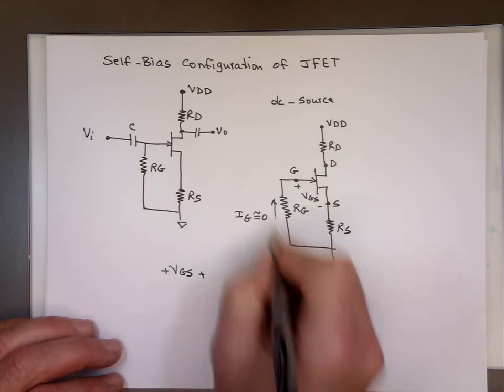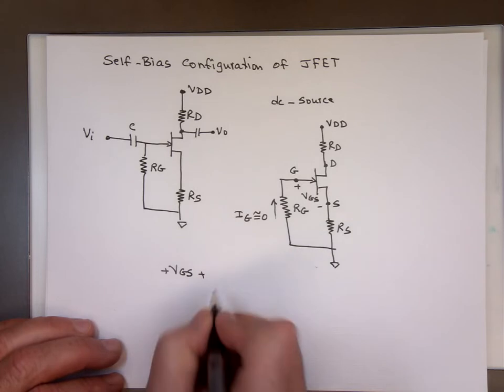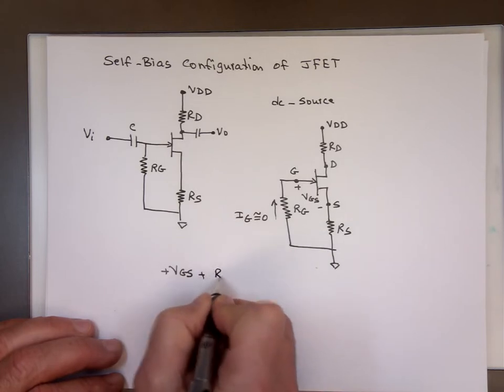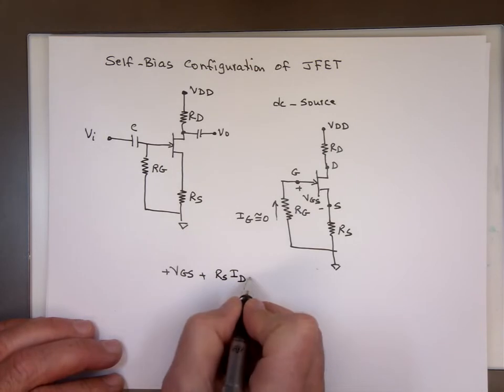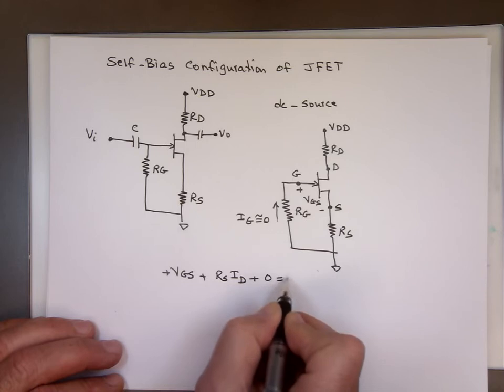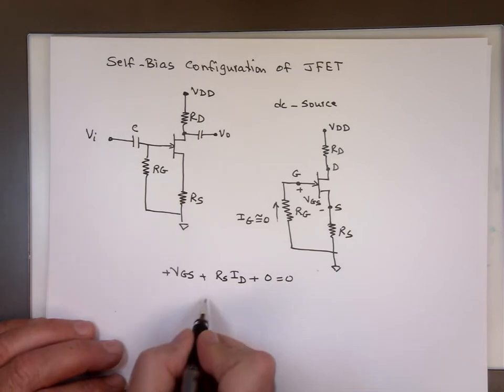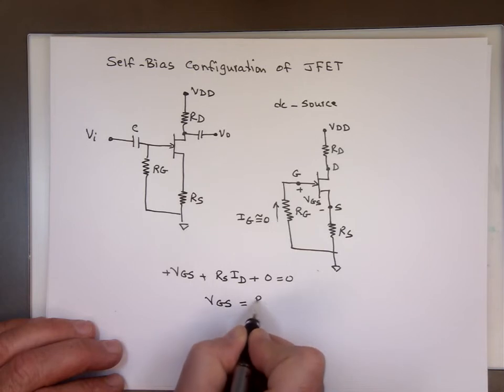The current's coming down from up there, so I'm going to mark it plus to minus. Plus R sub S times I sub D plus 0 times this, which is 0, is equal to 0. So VGS here is equal to negative R sub S times I sub D.